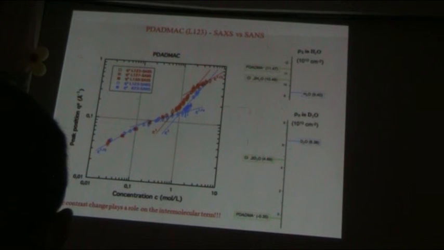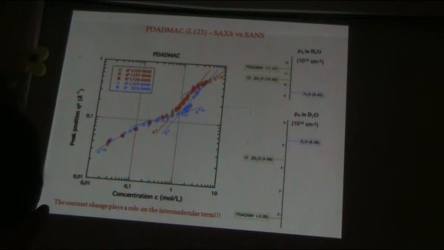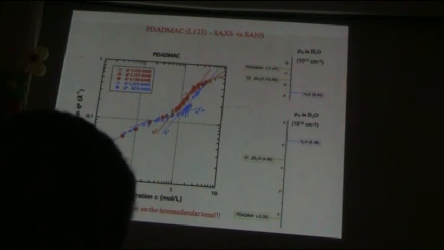Here, there is a comparison in between results obtained by small angle X-ray scattering and results obtained by small angle neutron scattering. It's quite interesting because, to my knowledge, it is the first time that I see the influence of the labeling of the contrast on the intermolecular term, not on the intramolecular term.